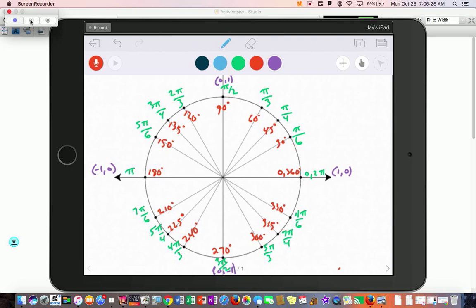The rest of the ordered pairs out in the middle can be found using your special triangle. So I'll just draw one quick. If I draw a right angle here, perpendicular back to the x-axis like we talked about in 4.3, my theta would be here. My theta right now is 30 degrees.